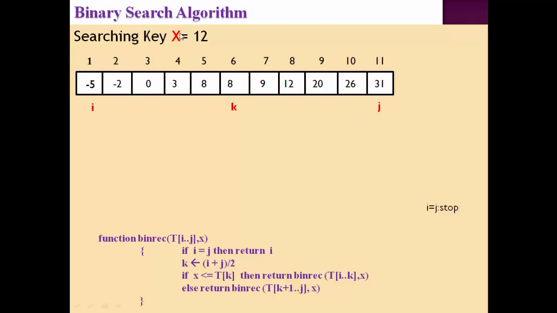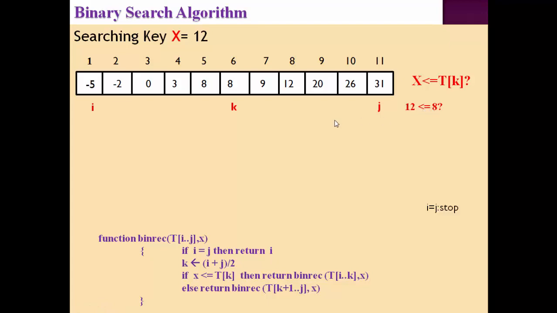Let us take this example. Suppose x is equal to 12. We have to compare 12 with our 8. We check whether x is less than or equal to a of k or not. Is 12 less than or equal to 8?